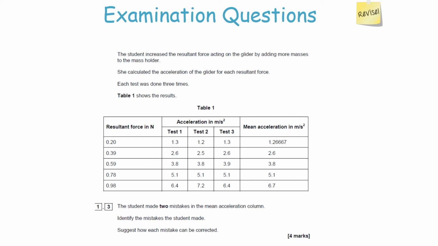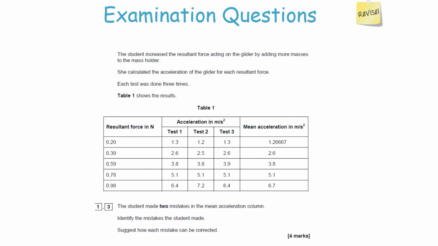For example, 2.6, 3.8, 5.1, 6.7 all have values to 1 decimal place, whilst 1.26667 is given to 5 decimal places.